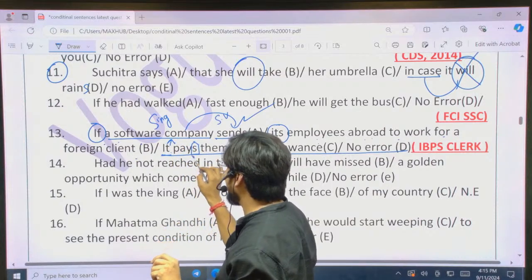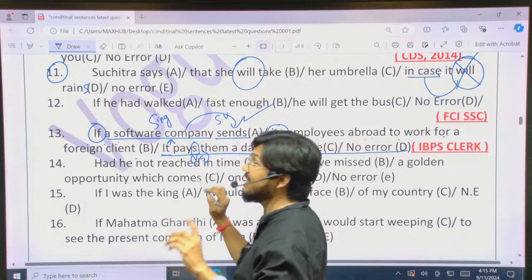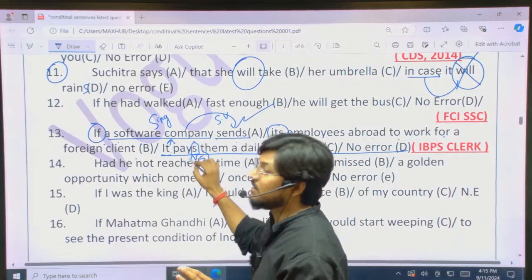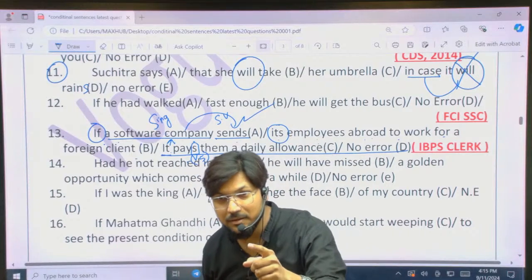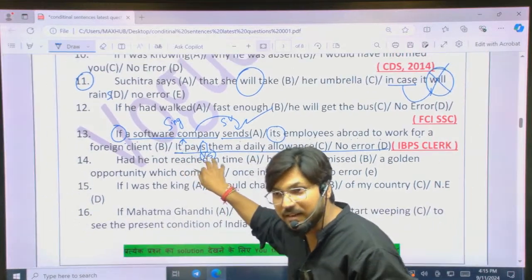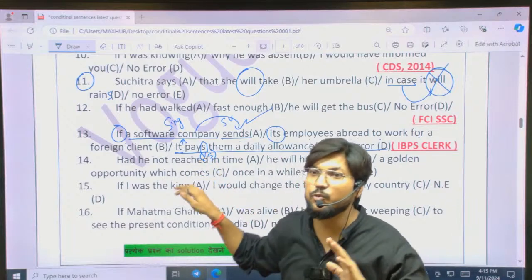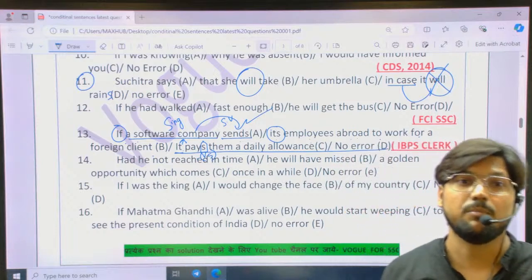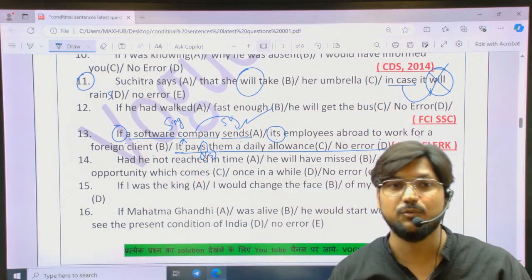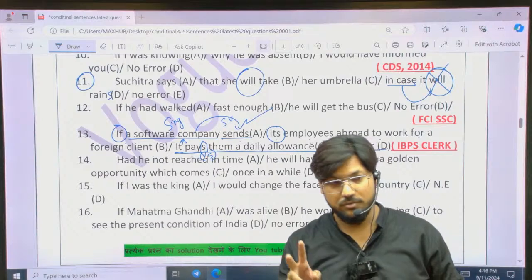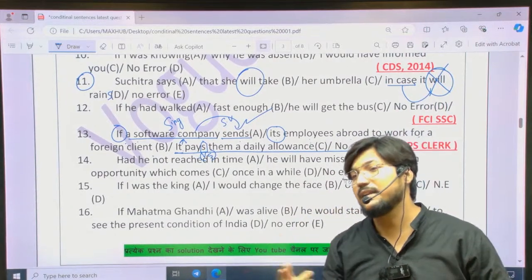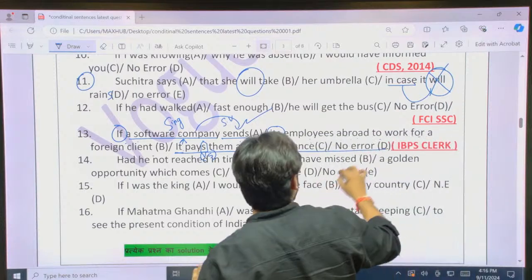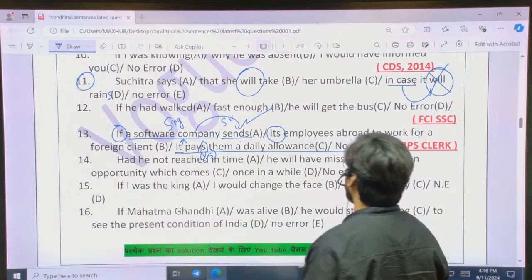Pays is also correct because we need to use V5 with it. And both the sentences are in present indefinite. Do you have any problem if I use present indefinite twice? But I have a problem if there is a sentence with future tense twice, right? There will be a problem. The sentence has no error. The sentence is correct.